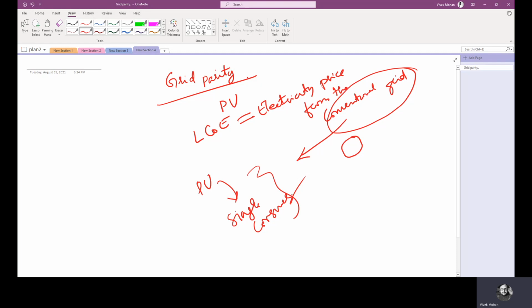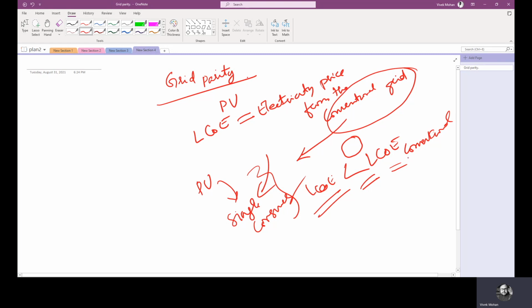So there is no point in taking transmission and distribution losses and all. His cost would be less. So his LCOE can be less when compared to LCOE conventional. So the situation at which the LCOE of PV panel is equal to LCOE of conventional grid power, that situation is known as grid parity.